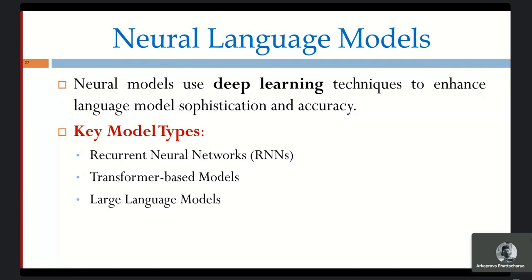You got a detailed glimpse of these neural language models in the morning with respect to text analytics using generative AI, where you were introduced to neural networks. The key model types are recurrent neural networks, transformer based models, and large language models.